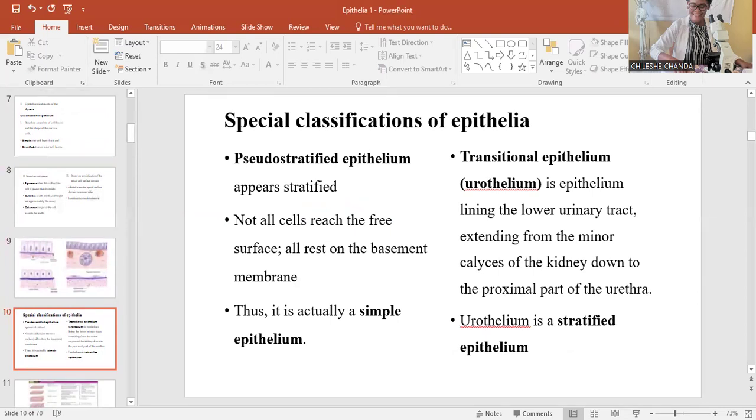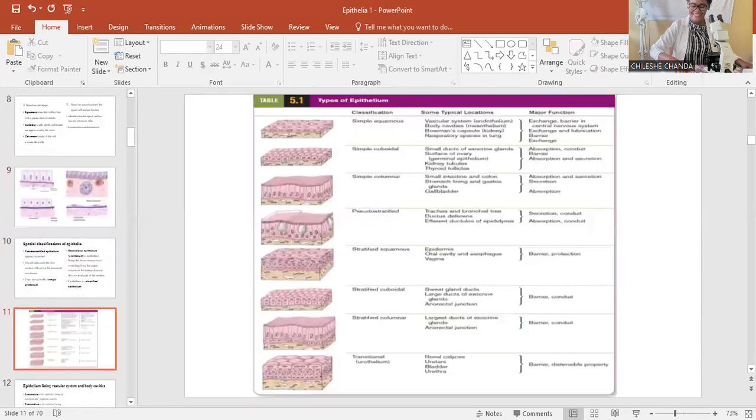So one example of epithelial tissue that I'll give you is keratinized stratified squamous epithelium. This is squamous epithelium that has keratin on top of it and has several layers, and it is normally found in the skin. The second example I will give you is pseudostratified epithelium.